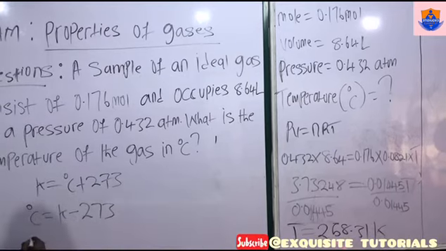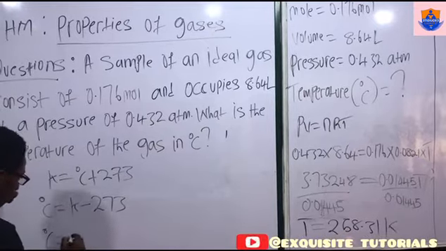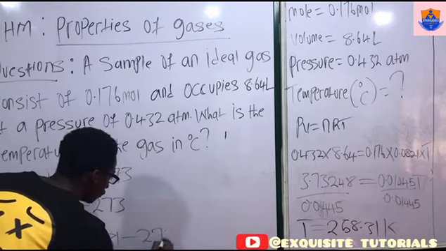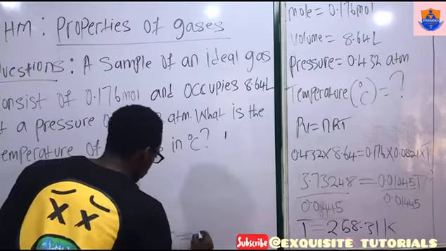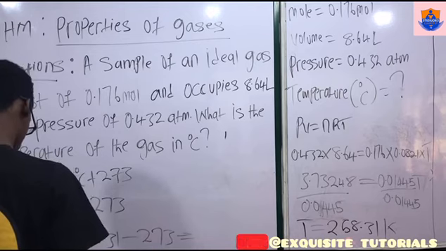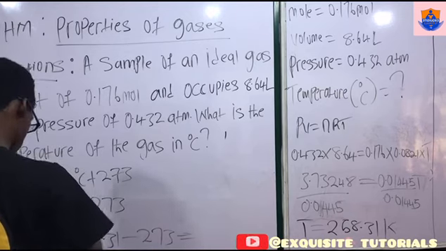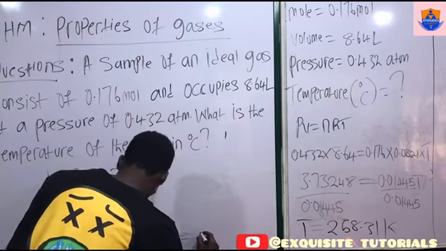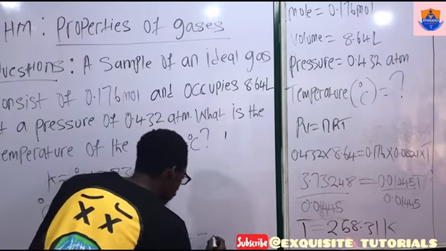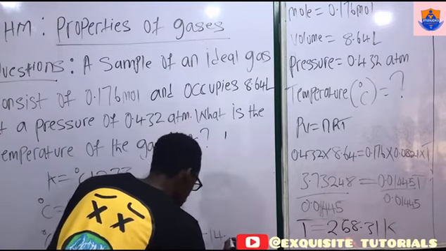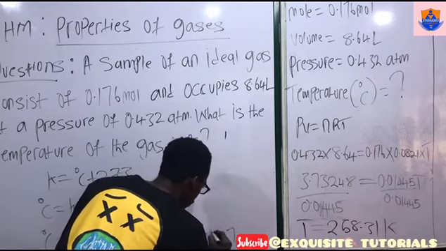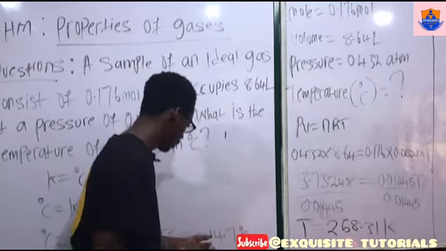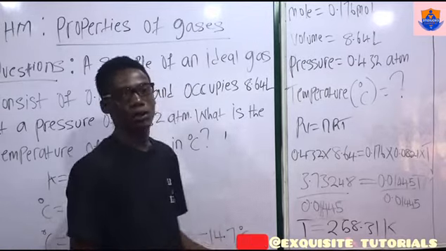We have 258.31 minus 273. This should give us an approximate value of negative 14.7 degrees Celsius. This should be your answer to this question.